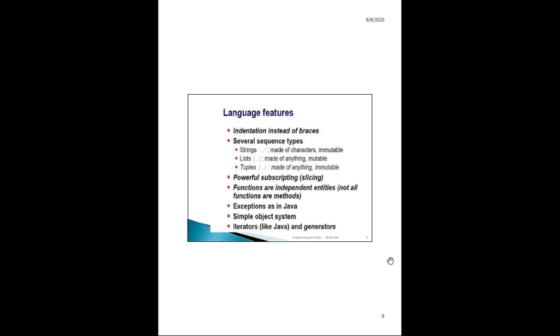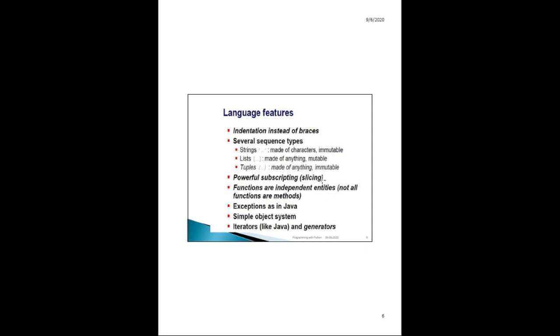And there are some sequence types, like you can store a list of characters using strings, a list of values using list, and I also told you it can be changed. That is technically called mutable. Tuples are immutable, which means we cannot change the values. And what is meant by slicing?